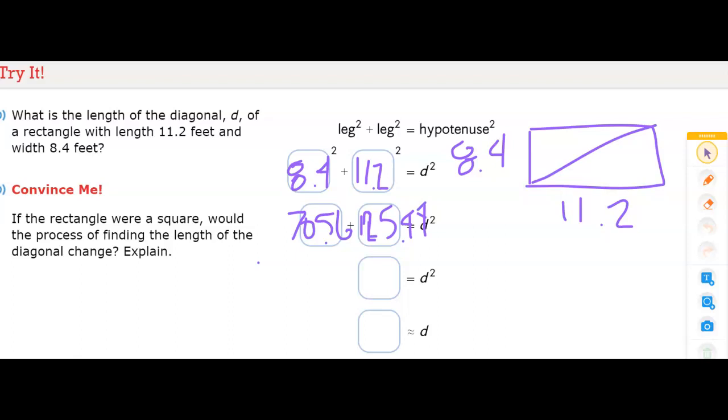And then we add those together, and you get 196 equals D squared. And so for D squared, you have to find the square root, and that is 14. The squiggly equal lines means approximately. So approximately 14 feet is the answer for the diagonal.